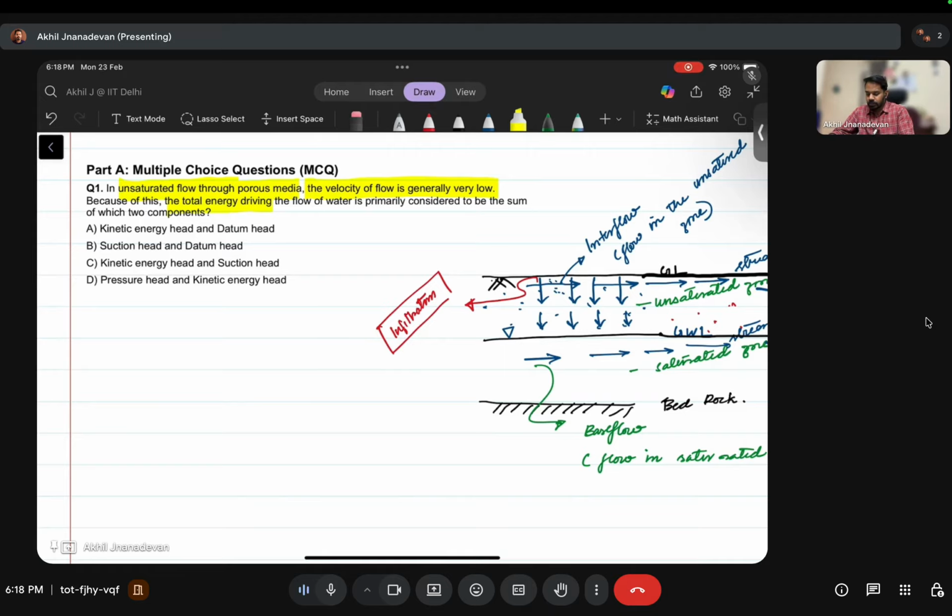Bernoulli's theorem says the total energy, or total head, since energy can also be represented in terms of head, is equal to the sum of kinetic energy plus potential energy plus the pressure energy.